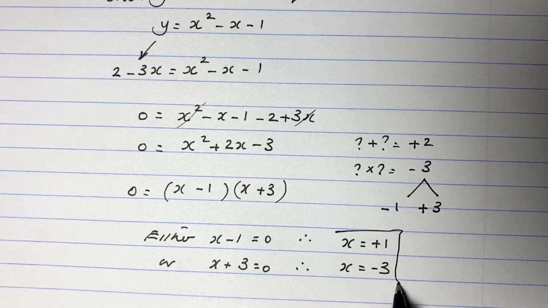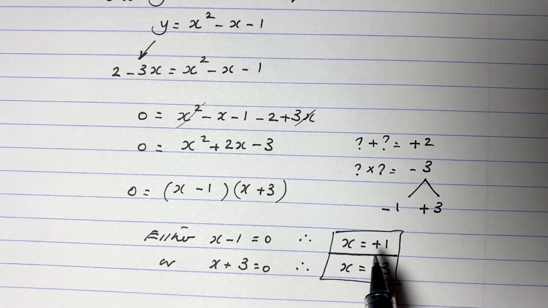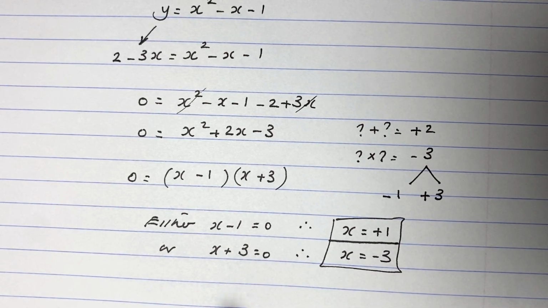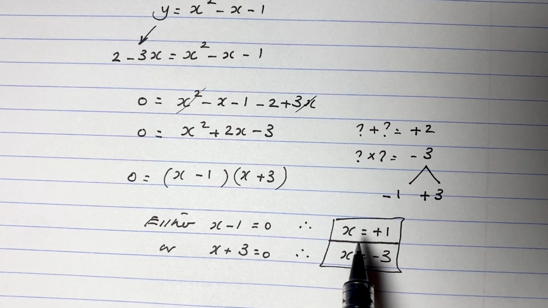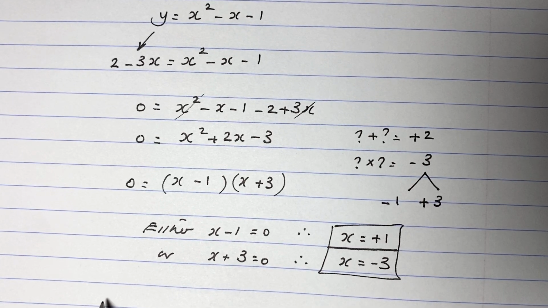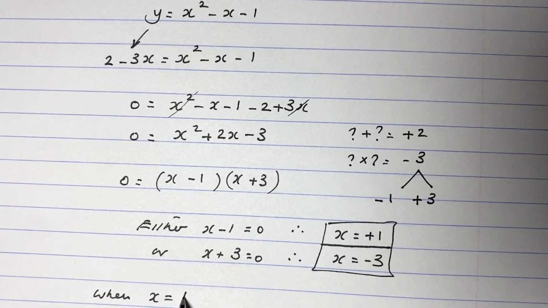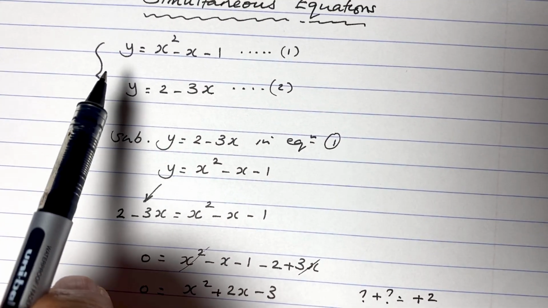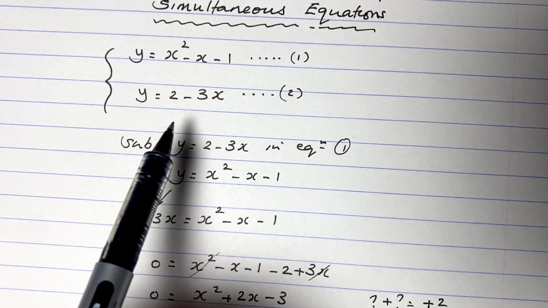So these are the x coordinates of the 2 points of intersection of that line and that parabolic curve. We need to know what y values they possess. So when x equals plus 1, I can use either equation. I can either use this one or that one, because that point belongs to both of them.